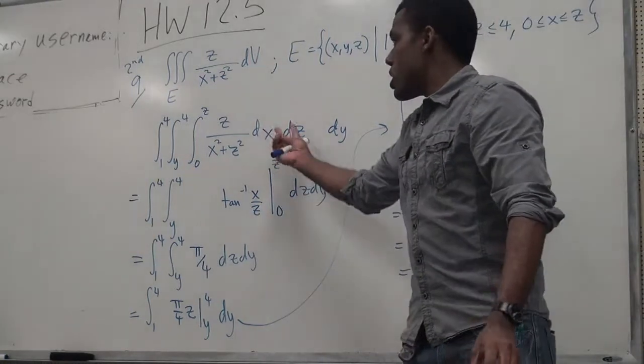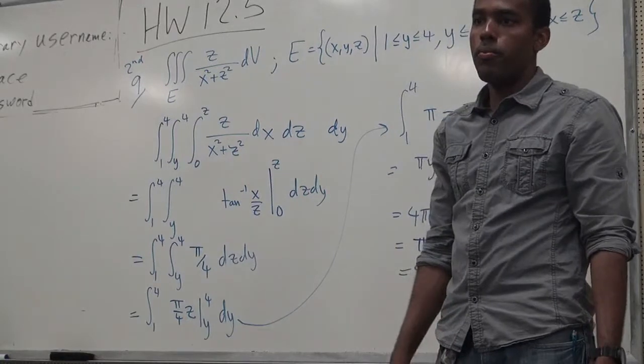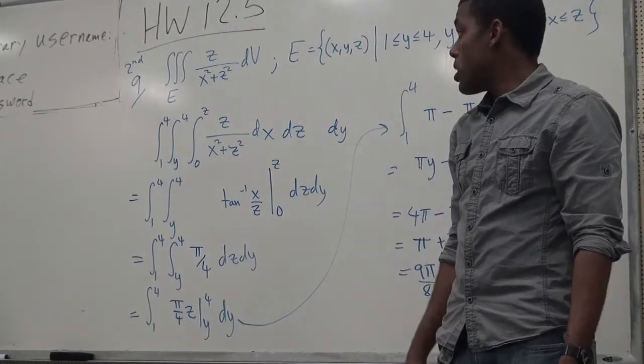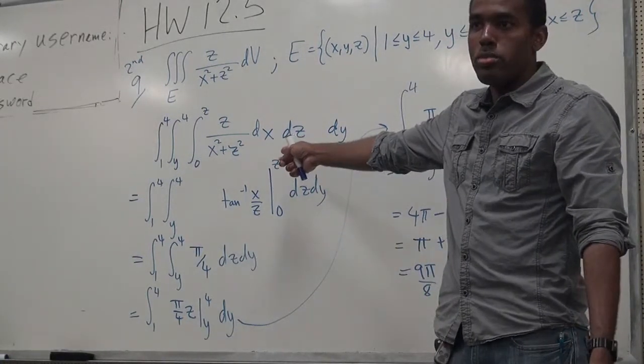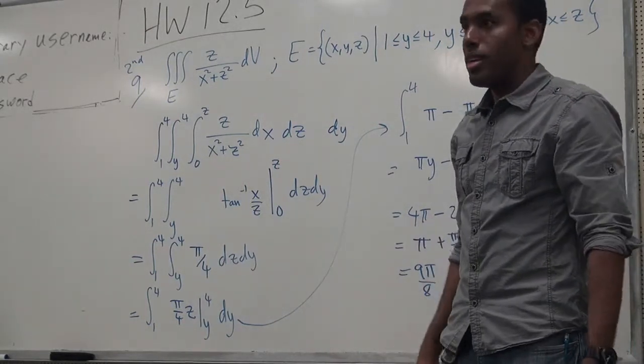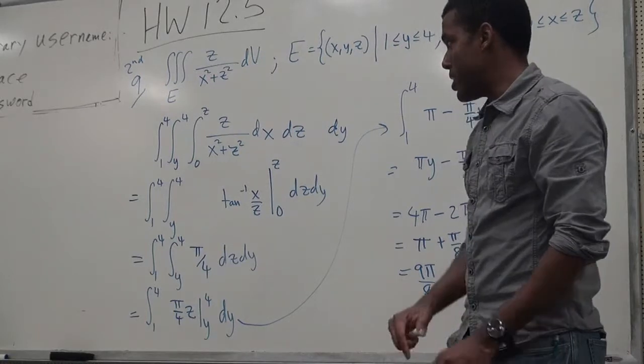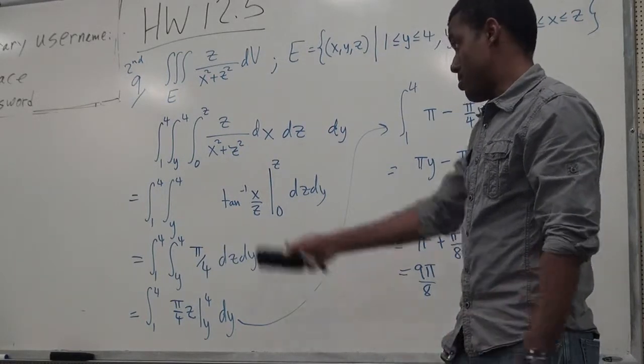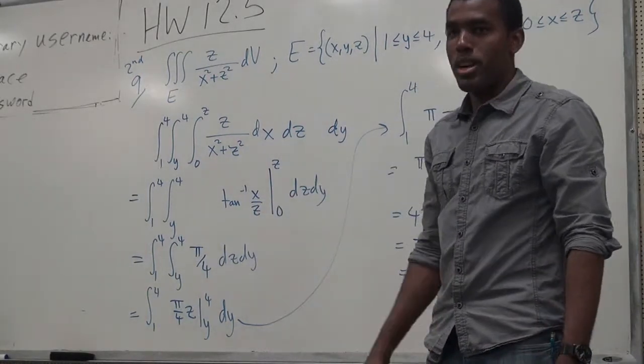You could have switched the order here, and then you get an ln. Right? If you integrate with respect to z first, you could do a u substitution, and you get an ln. I don't know how much easier that was. It wasn't. Tan inverse shows up pretty often, you should remember.